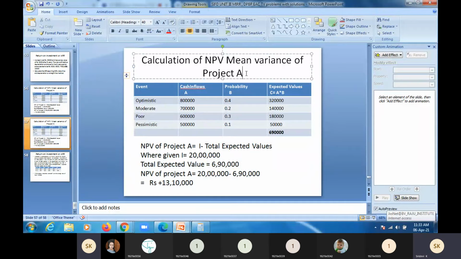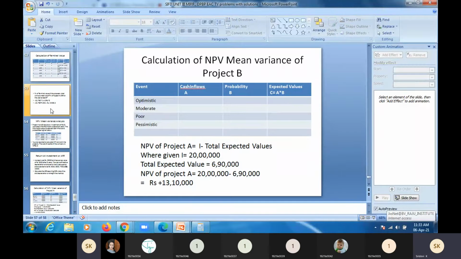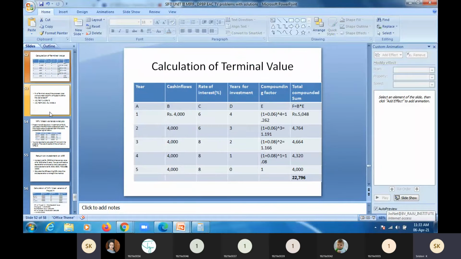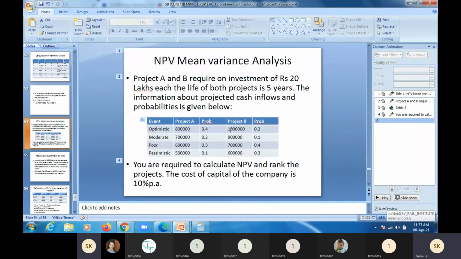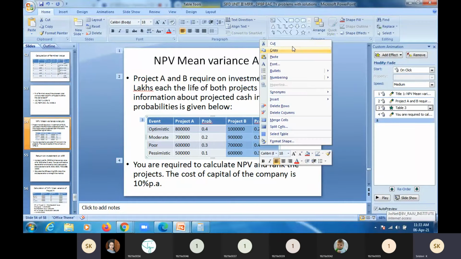I am copying the same format. Remove these values. So let us copy the values from the problem. Cash inflows and probabilities I am copying.